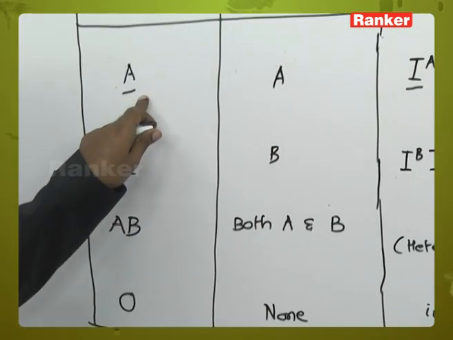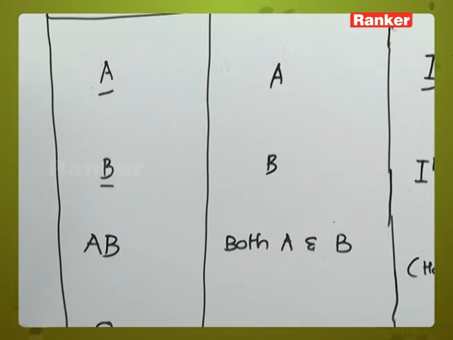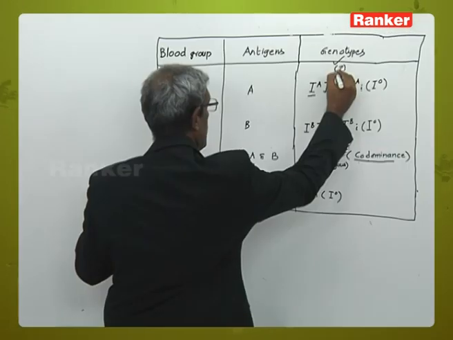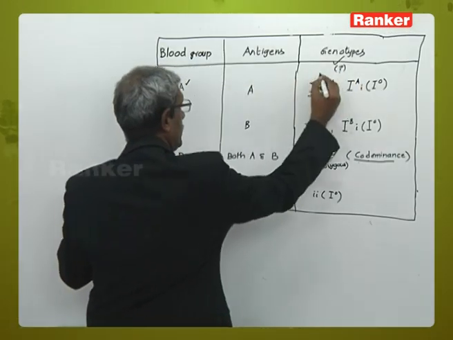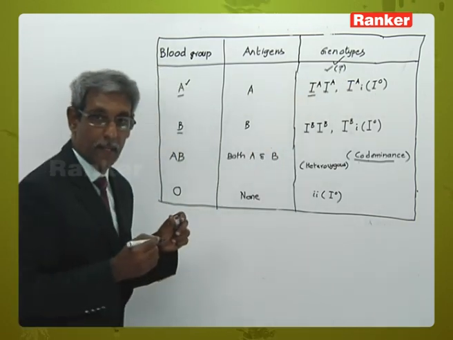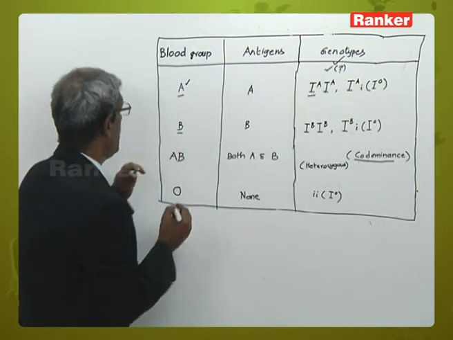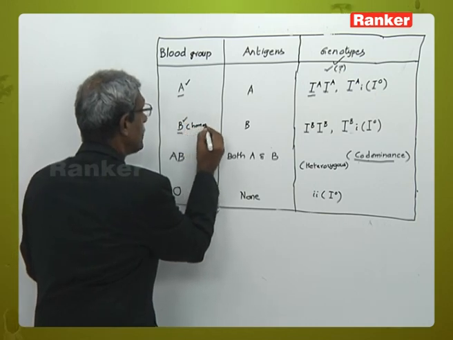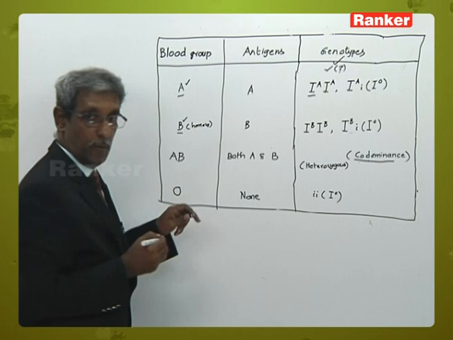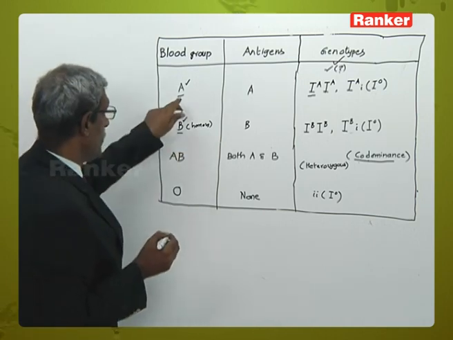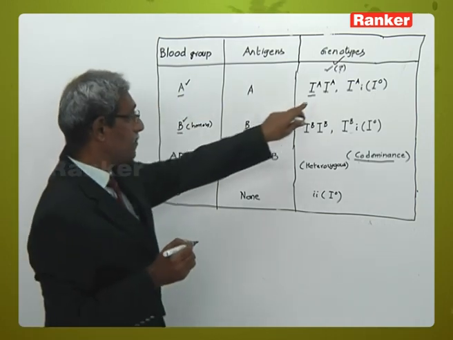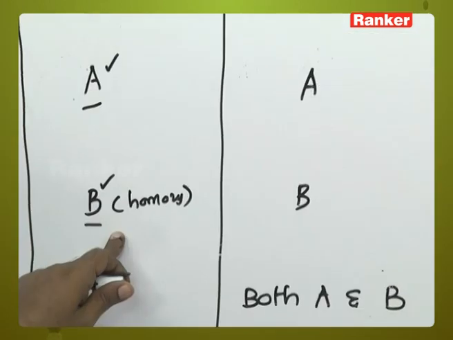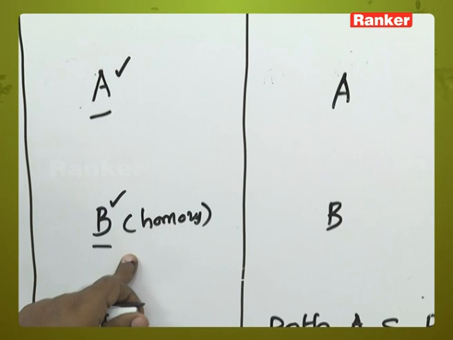The father has blood group A, and the genotype is not known, whereas the mother is B and the mother is homozygous. Given these three situations, the question asks what the blood group of the progeny is.